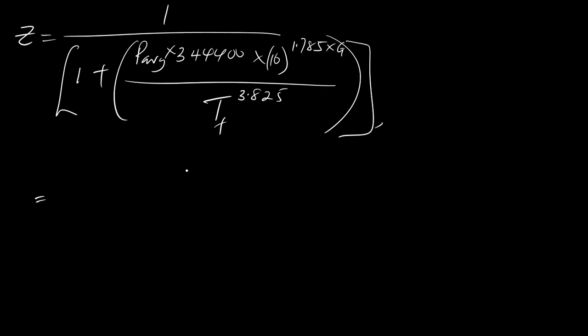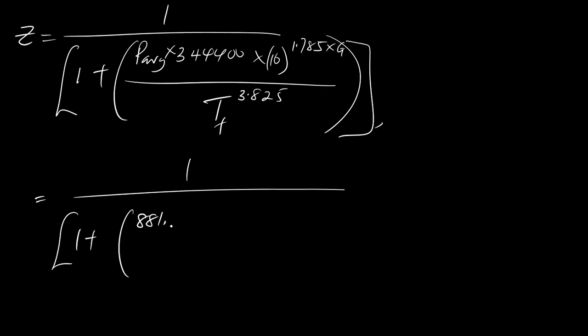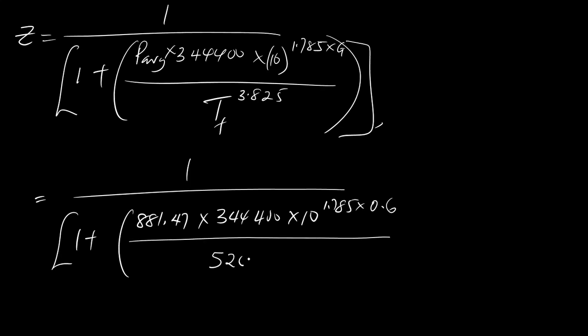So we have 1 all over bracket open 1 plus our average pressure, which is 881.47, times 344,400 times 10 raised to power 1.785 times G, which is 0.6 gas gravity, divided by 520 raised to power 3.825.